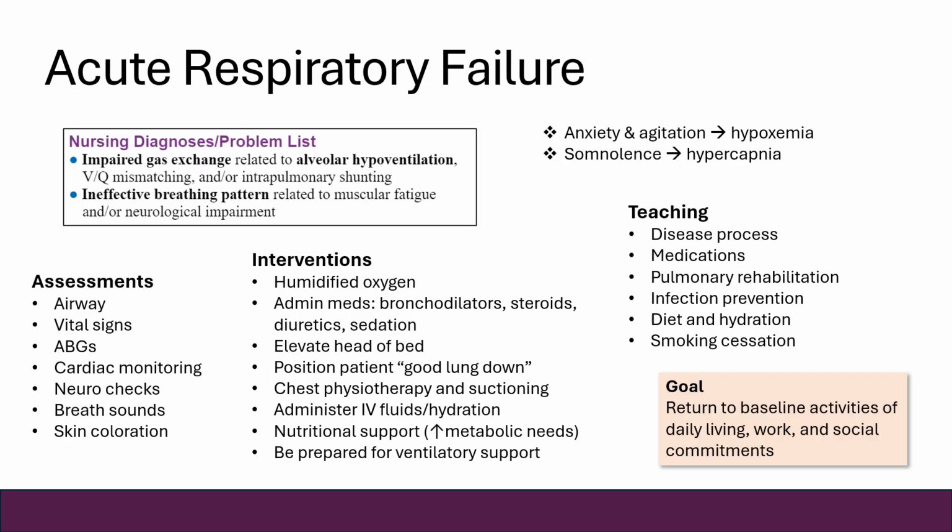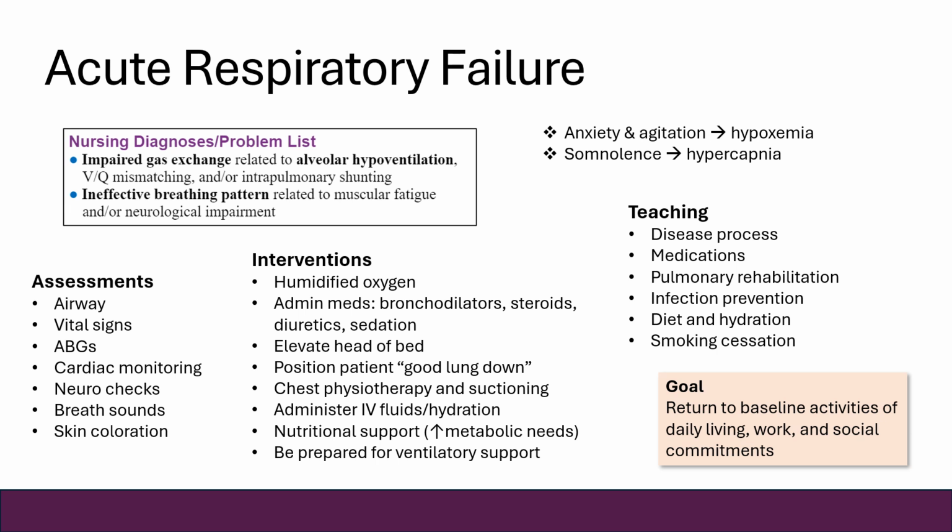Okay, so this is a general slide on how we're going to assess these patients with acute respiratory failure. So assessment-wise, we're always going to go with ABCs because we're talking about our lungs. So you are going to make sure you assess for airway patency, especially if the patient is intubated or has a trach. Vital signs, you're going to look out for those early signs and symptoms of our body compensating. So the heart rate, blood pressure, respiratory rate.